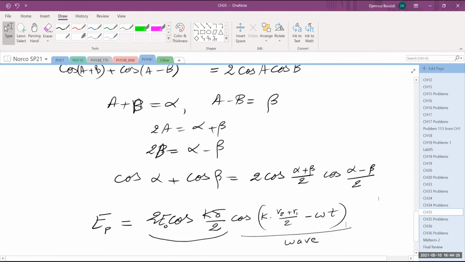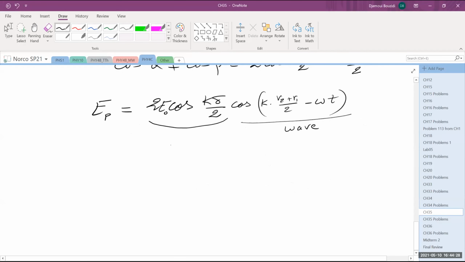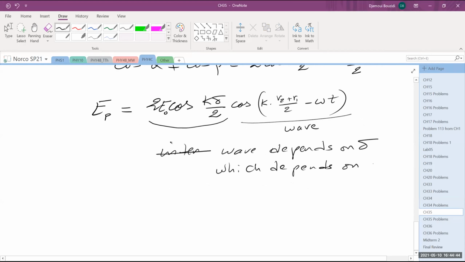So actually, this is the wave, not the intensity, because the wave depends on delta, which depends on theta, which depends on y. In other words, there are places where this thing can be 0. There are places where this thing can be actually equal to 1, and so on and so forth.